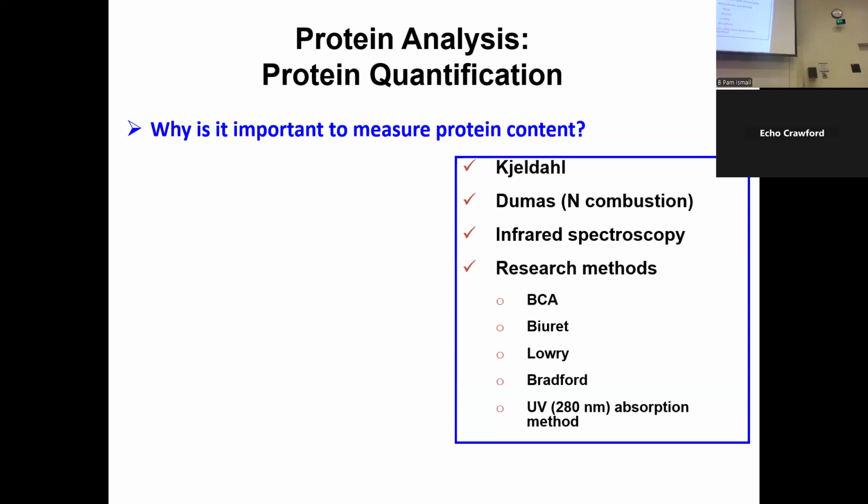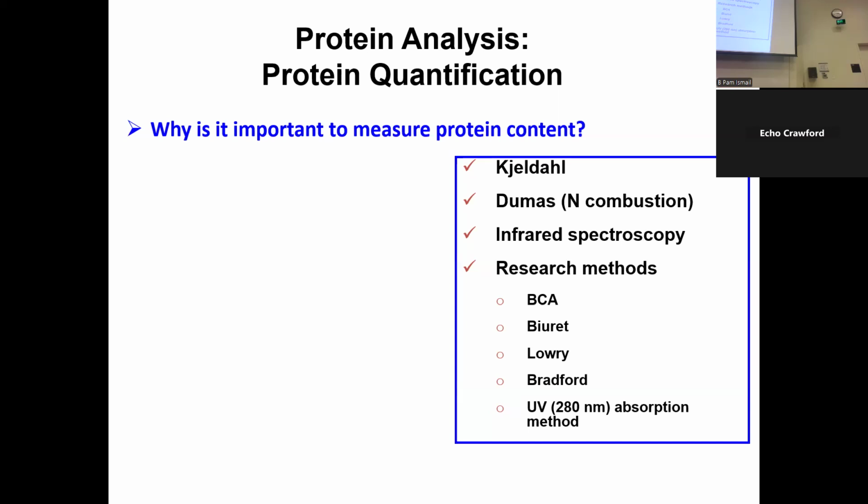BCA is very common. We use it in the lab. Bradford is another one, based on binding with a dye. And UV absorption is very commonly linked to chromatography. When we are doing chromatographic separation, we often look at our protein distribution using UV absorption, with a PDA, photodiode array, or a variable wavelength detector.